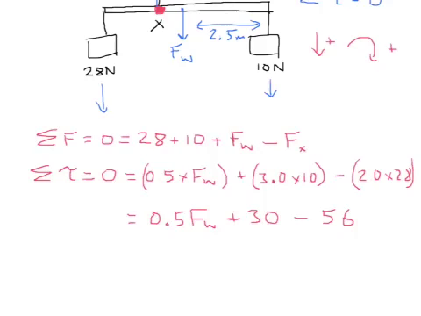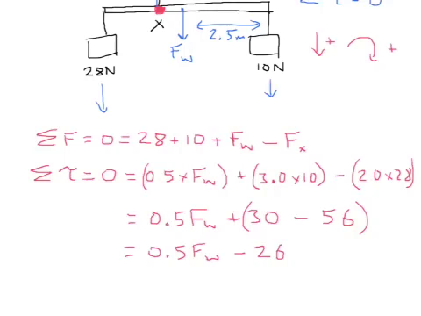Okay, so we can just deal with this section here first. So it's going to be 0.5 Fw, plus 30 minus 56, so we're actually going to end up with minus 26. Is that right? 30 minus 56, yep, minus 26.